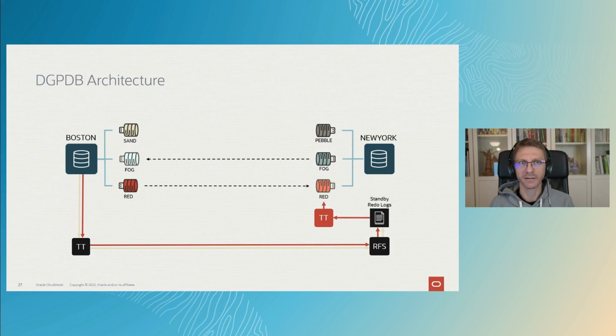If you have 10 standby PDBs, you will have 10 apply processes that get information from the standby redo log and apply only the redo information that applies to those PDBs. And of course, you will have the same processes the other way around, from New York to Boston in this case, in this slide. So stay tuned, because there will be more news about Data Guard per PDB, and in general, also in 23c, more features are coming.